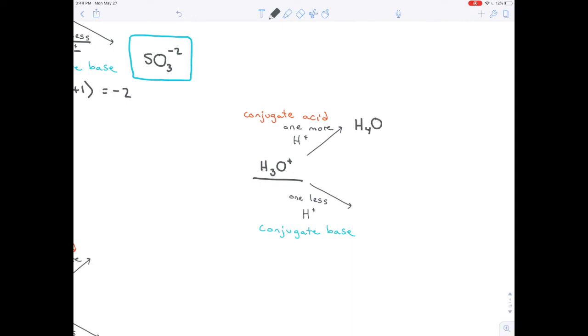Not only do we want to add an H, but we want to add a +1 to the charge. H3O plus starts with a +1 charge. If we add 1, then we'd have a total of 2. So you'd have +2 in the top right. And H4O2 plus would be the conjugate acid of H3O plus.